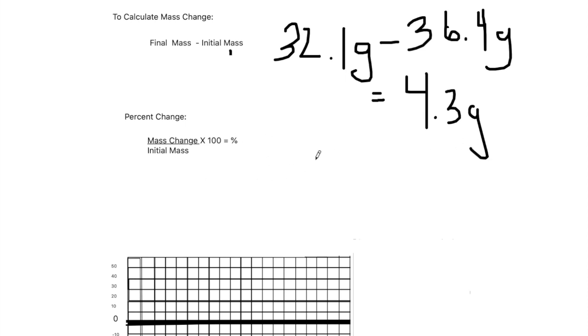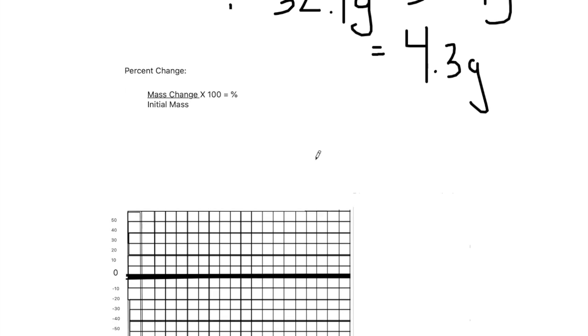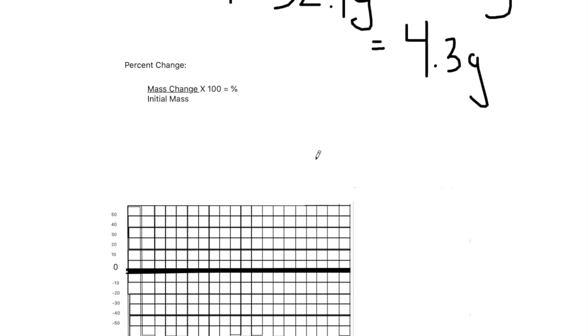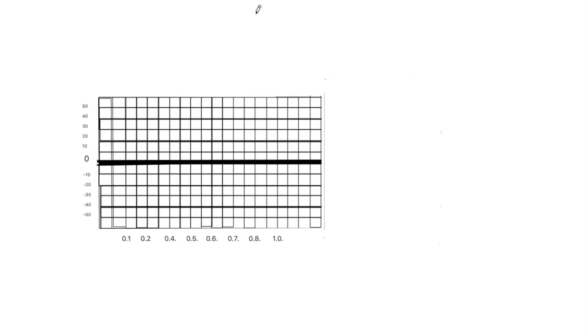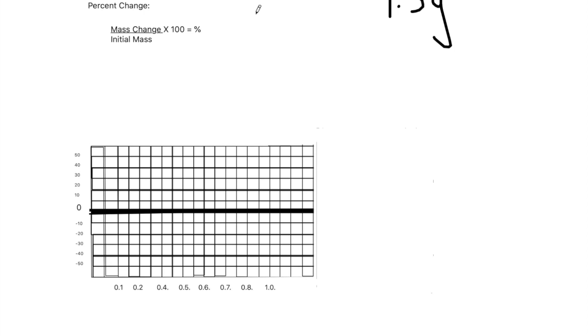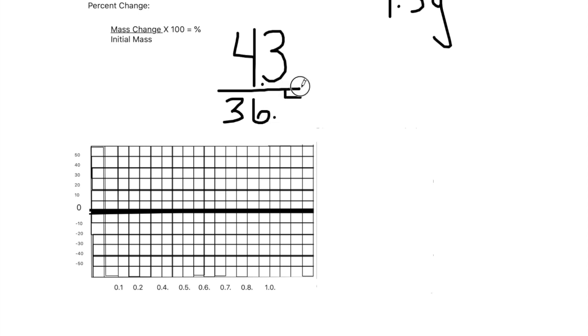Now, we're not going to be graphing the change because it simply depends on our starting and ending mass. So what we instead do is, it's more important to know the percent change in mass. To calculate that, we take the mass change, which is 4.3, divided by the initial mass, which again was 36.4, and then we multiply that by 100, because we're determining percentages.